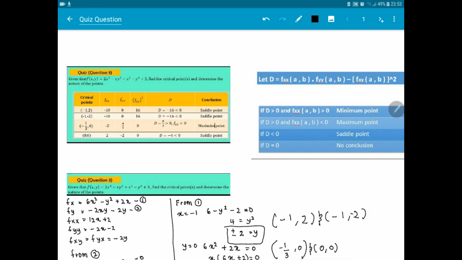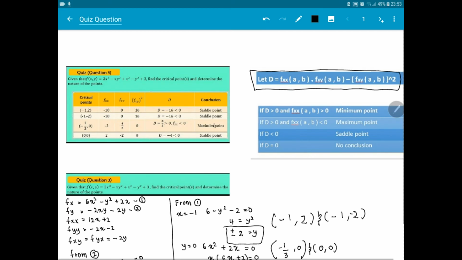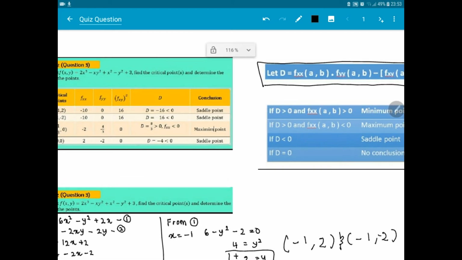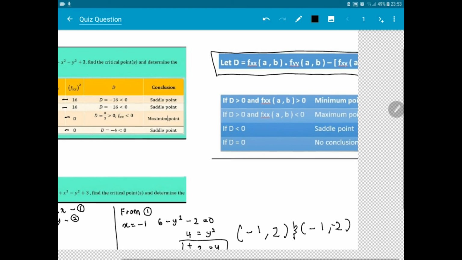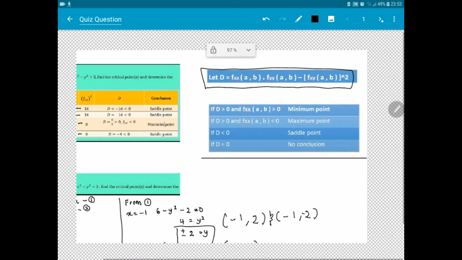We look at this formula. We need to find D. In order to find D, I multiply all of this, and minus. So I get the value of D.